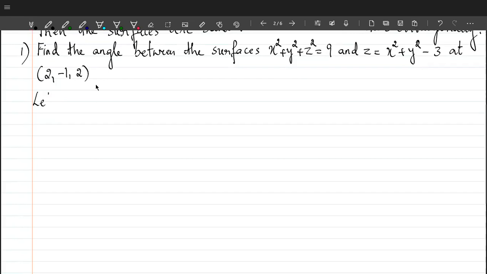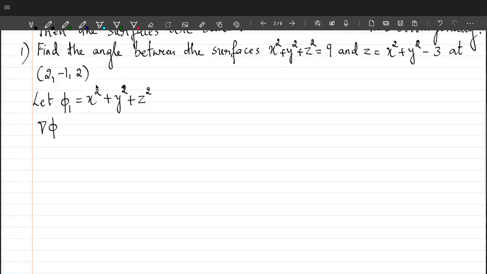So first let's take the first surface. Let phi 1 be equal to x square plus y square plus z square. If you want, you can take that term 9, but since it is a constant and when differentiating, the term will be eliminated, so I'm not considering that. So let phi 1 be equal to x square plus y square plus z square.